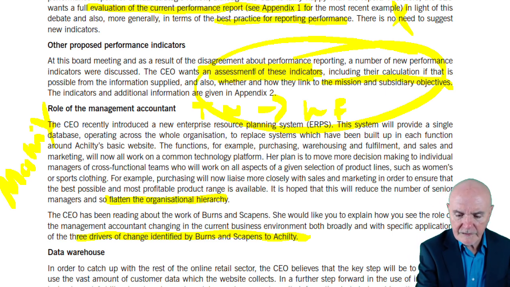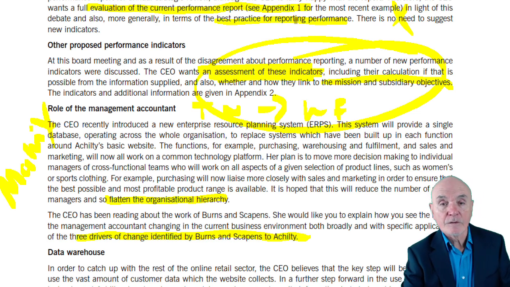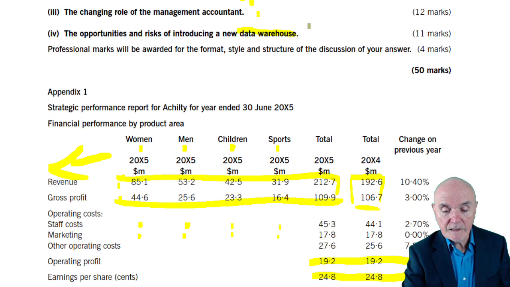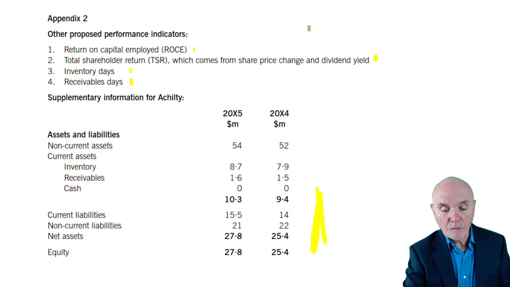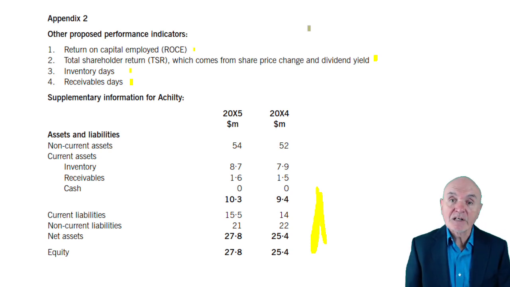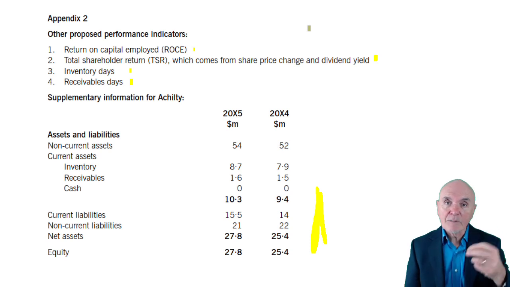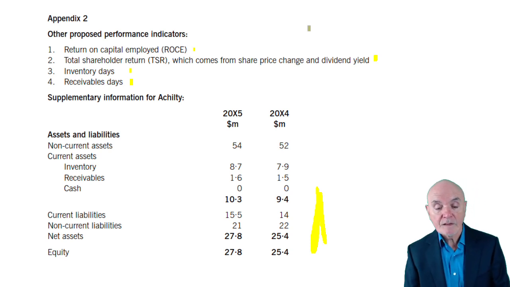I think we could perfectly validly say, is the return on investment something worth pursuing as a measure? Is the total shareholder return something which they consider putting in? Is it a potential worthwhile thing to set up as one of the major objectives of the company? It might not feed into the existing mission directly, but maybe we need to change that a little bit.